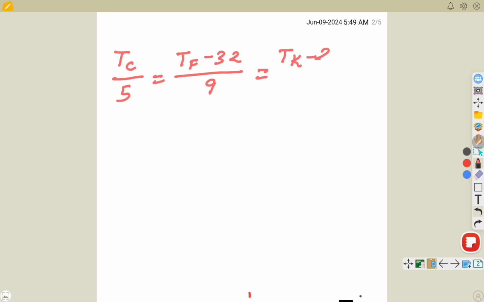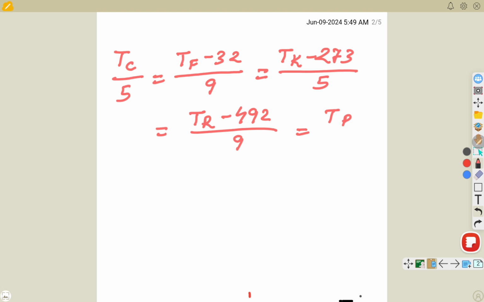So for a clear understanding, let's remember: TC upon 5 is equal to (TF minus 32) upon 9 is equal to (TK minus 273) upon 5, (TR minus 492) upon 9, TRE upon 4.